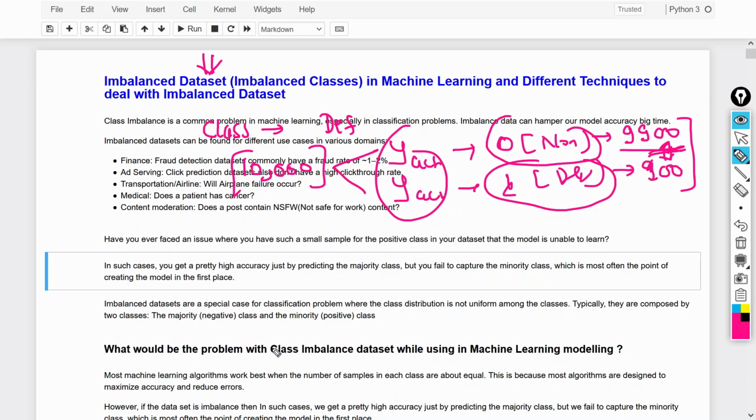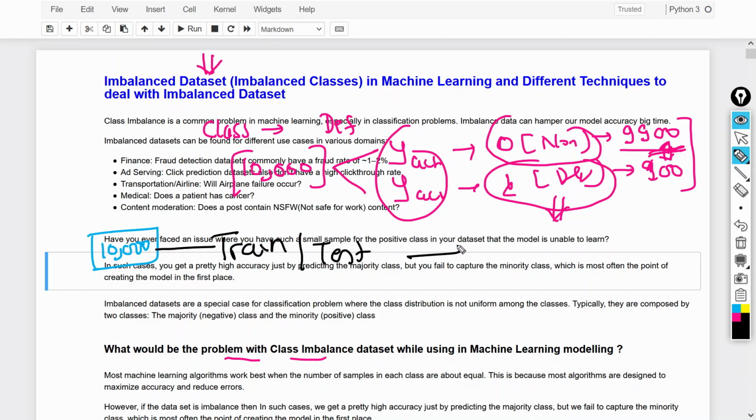Now the question comes, what would be the problem if we use this type of data set to train our machine learning model? So let's check. I have this data set which has 10,000 samples. I divide it into train and test.